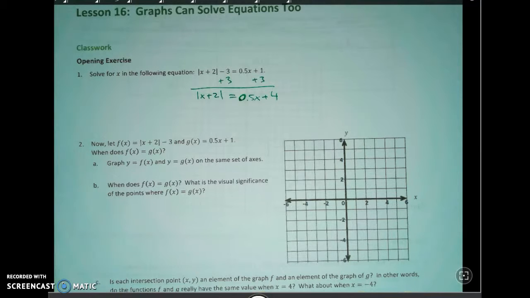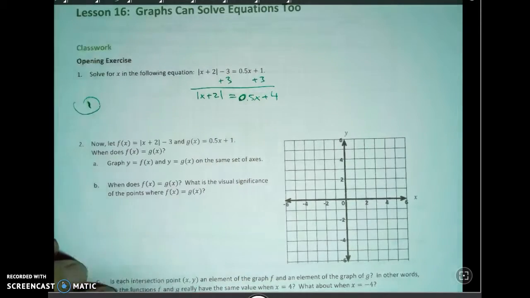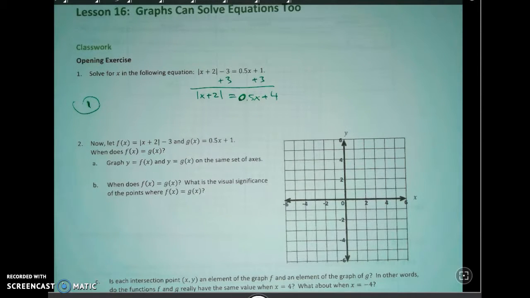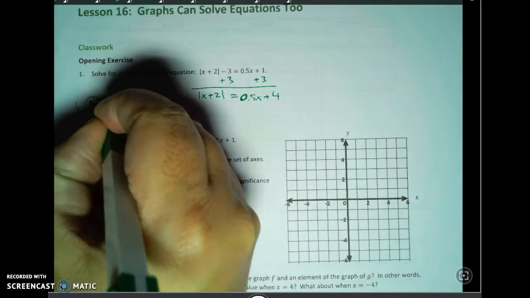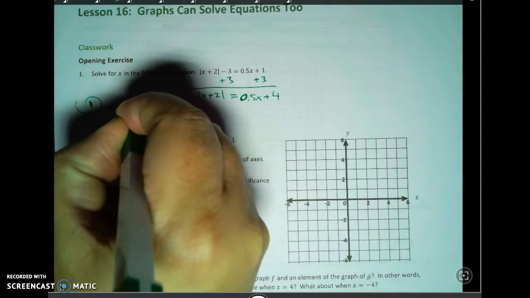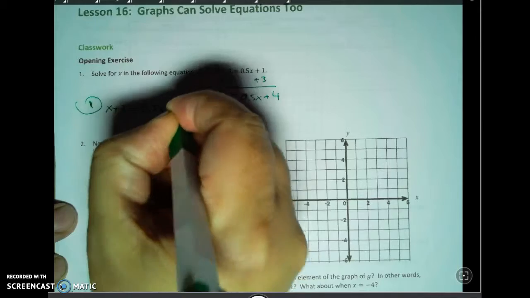So the two cases that I was talking about: case 1 would be when the absolute value expression is represented by the distance from 0 into the positive direction. So when we do that, we have x plus 2 equals 0.5x plus 4.